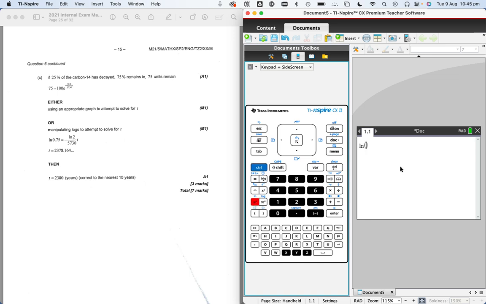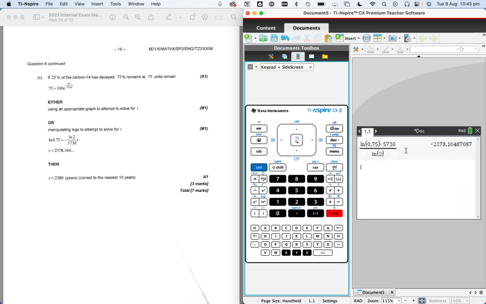So that's the left-hand side, and then I'd multiply it by the denominator here, 5730. So that would be multiplied by 5730, and then I'd be dividing by the numerator, which is ln2. So divided by ln again of 2, press return, should get me a negative number.